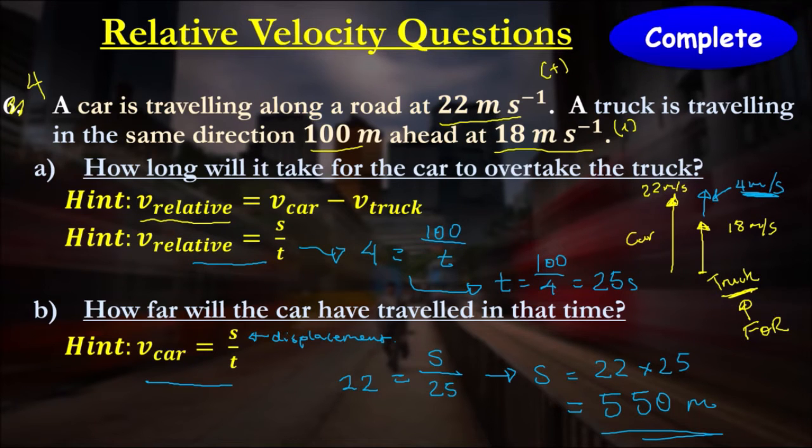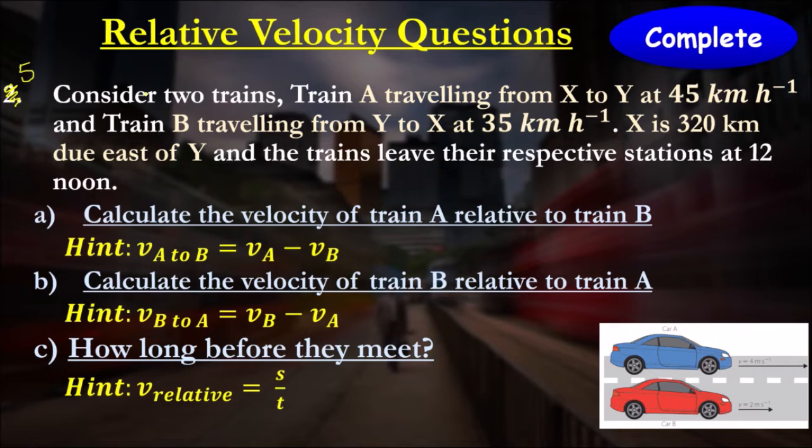Let's try a different set. Okay, so we reach question 5. Consider we have 2 trains. Train A is traveling from X to Y. So let's just say X to Y is going in this direction at 45 kilometers per hour.